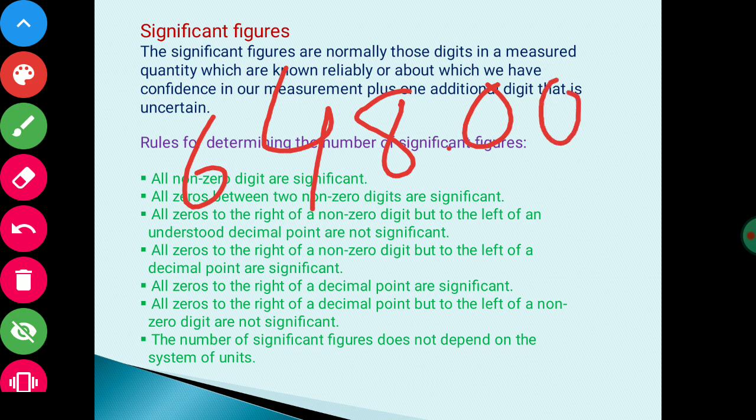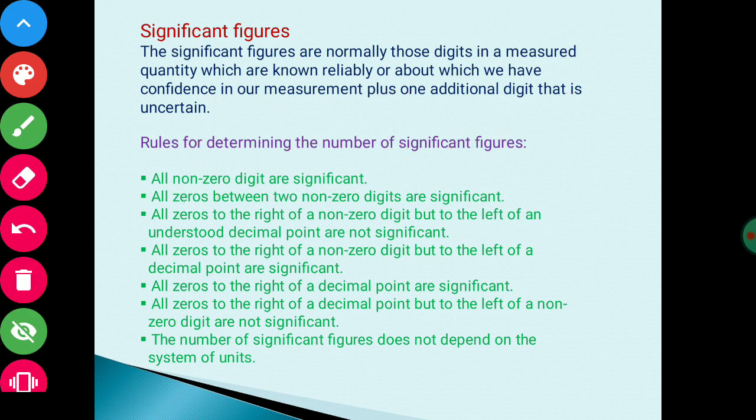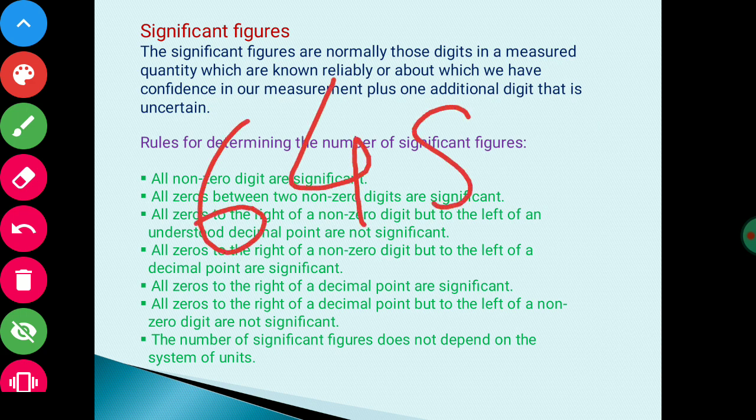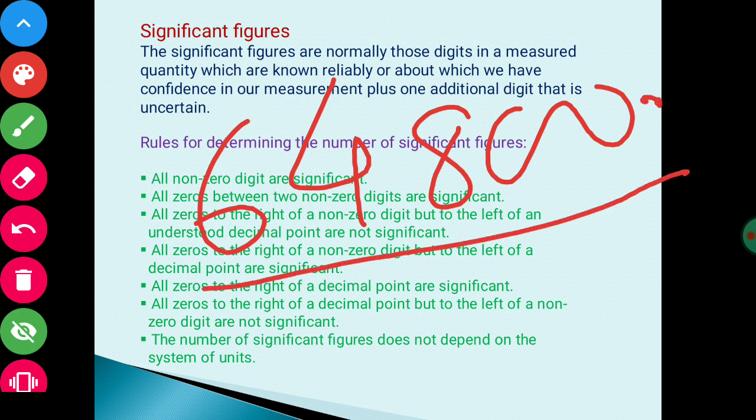How many significant figures are there? 5, because these two zeros are to the right of the decimal point, so they are also counted as significant figures. Or you can say 64,800 and you put the decimal point over there, then all these digits are counted as significant figures.